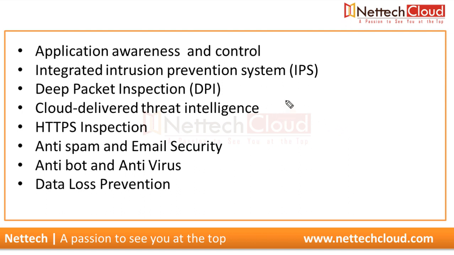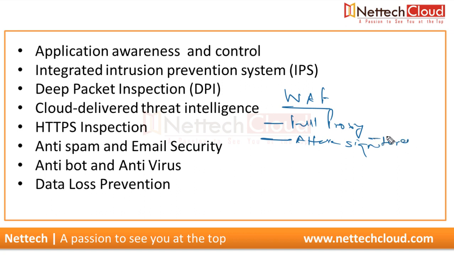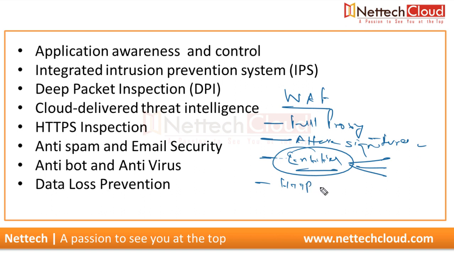For example, with a web application firewall, in the first place, full proxy architecture, attack signatures can be associated with both request and reply packets. What entities should be allowed and what should not be allowed is controlled. Whether the HTTP request is RFC compliant or not, and what HTTP methods should be allowed.